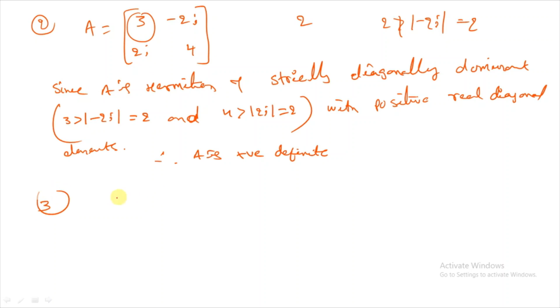Third example. Now see this one: 1 0 i, 0 1 0, minus i 0 3. Now this one, the diagonal method is not applicable. Diagonal elements are positive real numbers, but it's not diagonally dominated. A is Hermitian.